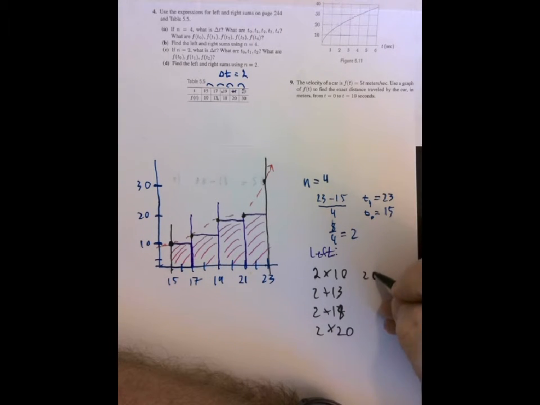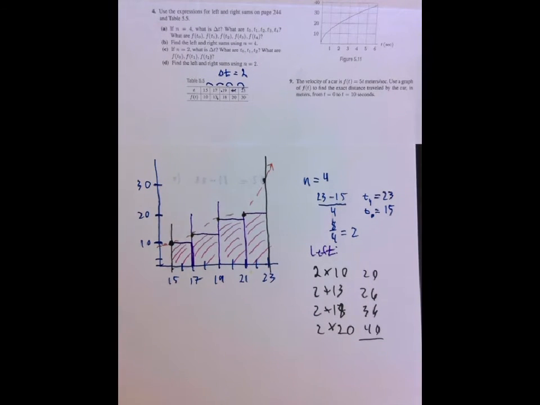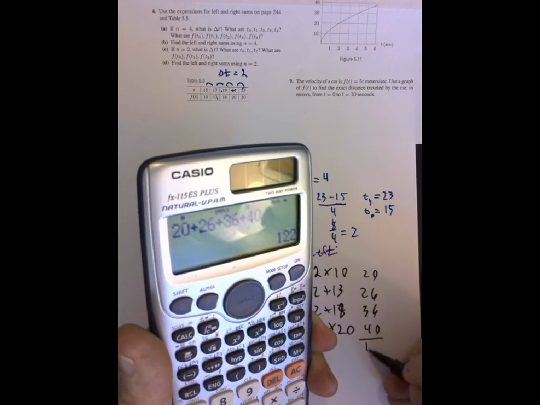And so this gives us what we call the left-hand sum, and we added those all up. This time of day, it's calculator time for me. So 20 plus 26 plus 36 plus 40 is 122.